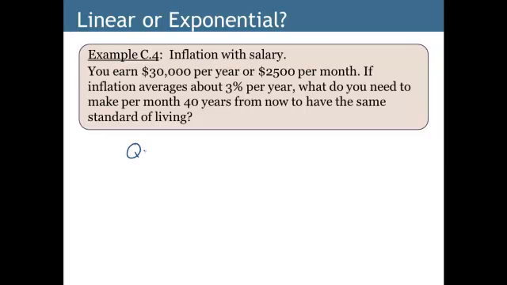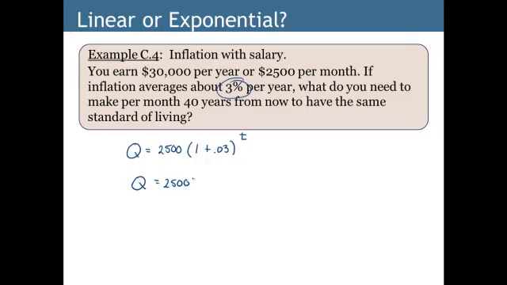Well, that's exponential, percent. So you make $2,500 per month right now. 1 plus 0.03 to the t. This is a percent, and the percent is per year, so I don't have to adjust my t value.